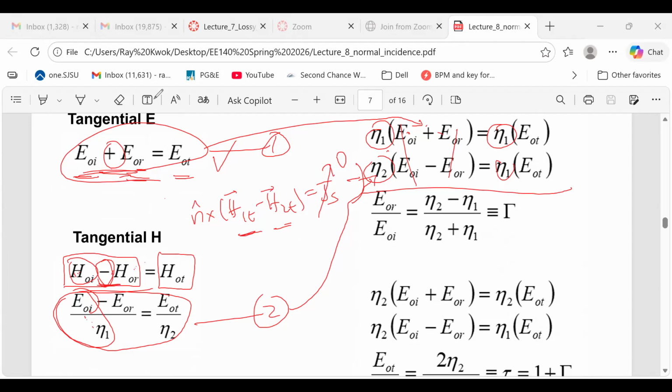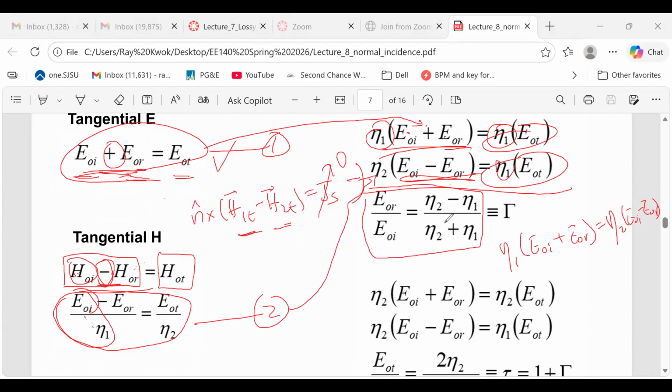I say these two are equal, so that means eta 1 (E naught I plus E naught R) is equal to eta 2 (E naught I minus E naught R).